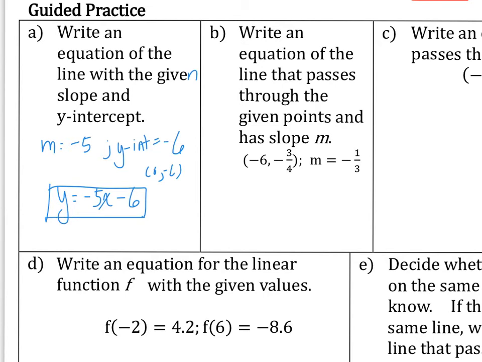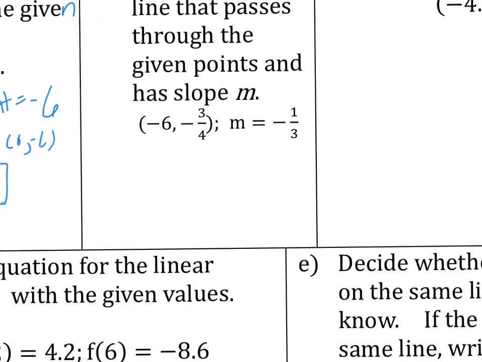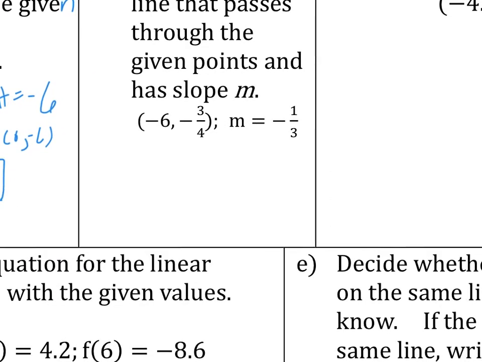And for practice question B, write an equation of the line that passes through the given points and has slope m. Okay. So we need to take the slope-intercept form, substitute the slope, plus b.